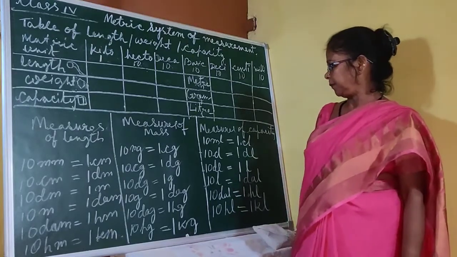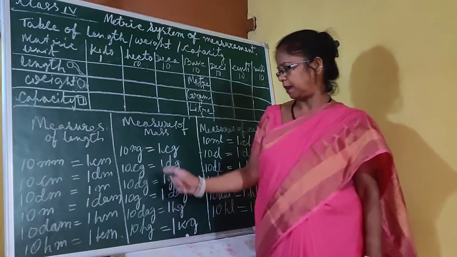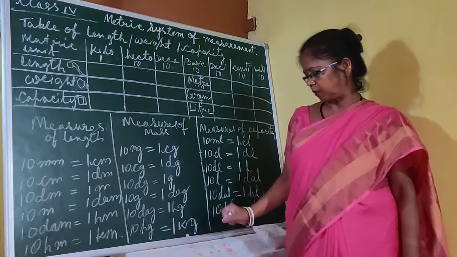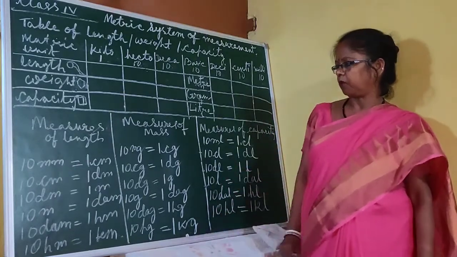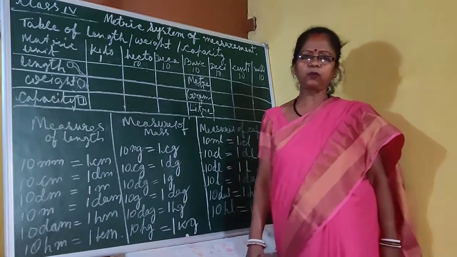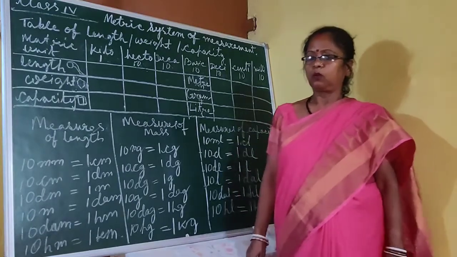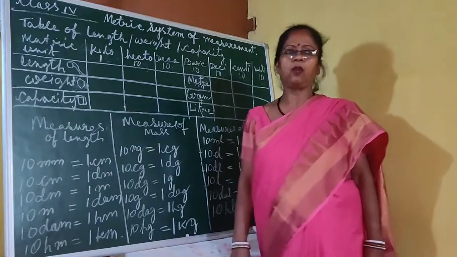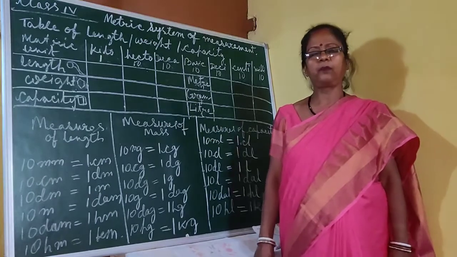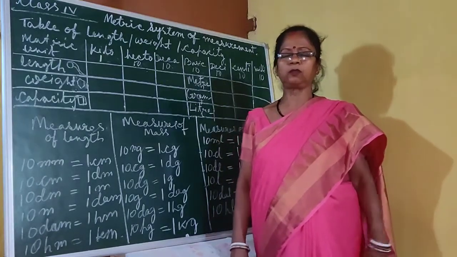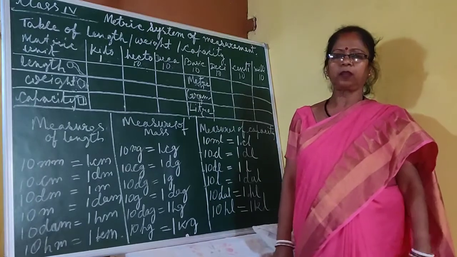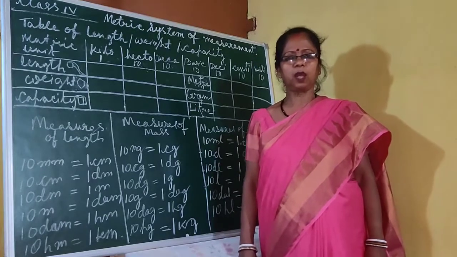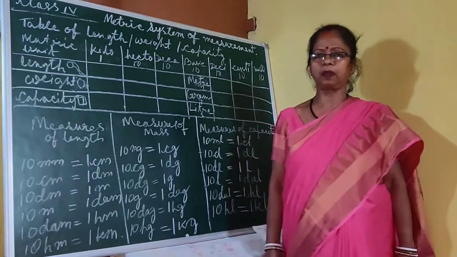Suppose weight measurement, kg to gram: you remember this when converting bigger unit to lower unit. Every conversion from bigger to lower you multiply, lower to bigger you divide. Rupees to paise, meter to centimeter, liter to kiloliter, gram to kilogram, everywhere same method. Bigger to smaller, multiply; smaller to bigger, divide.